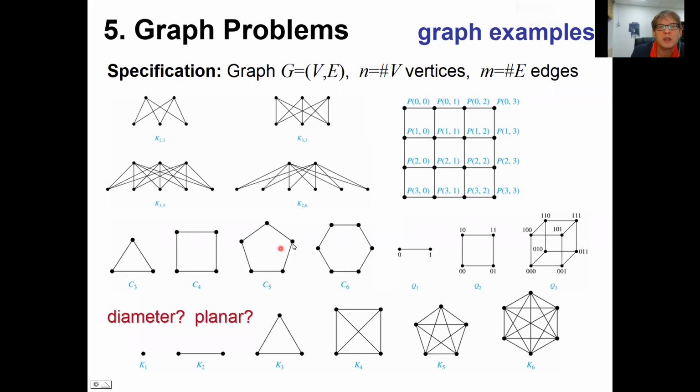We can get from here to here using this path, using only 2 edges. This is shorter than taking this path. And this is the worst case. So the diameter of the cycle graph of size n is n over 2, rounded down if n is odd.